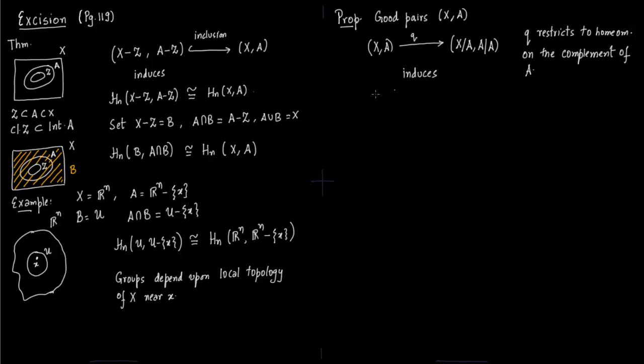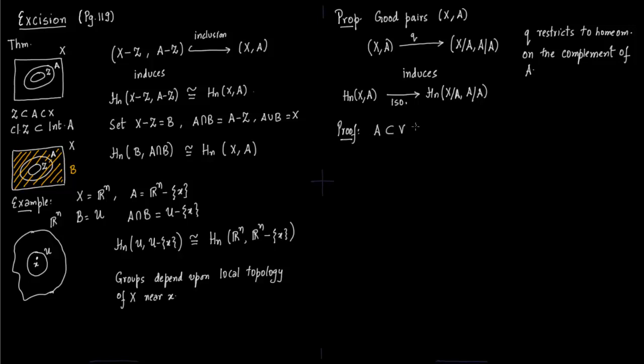Now this quotient map will induce isomorphisms in the corresponding homology groups. So let us write down the proof.